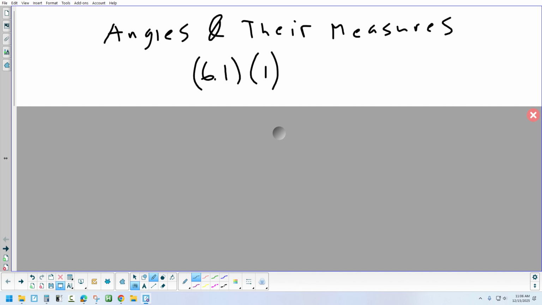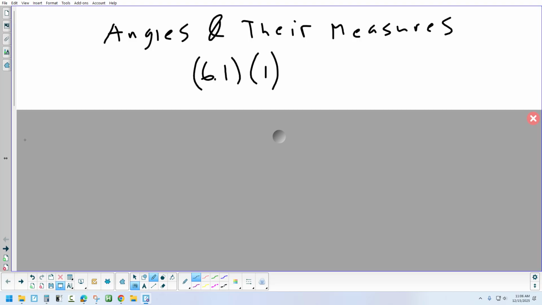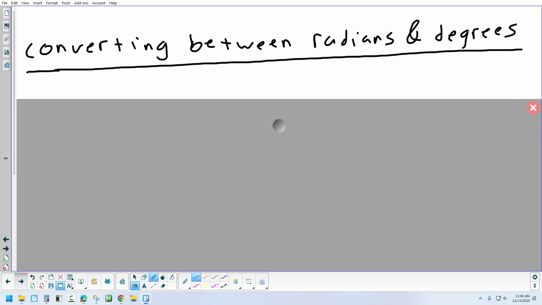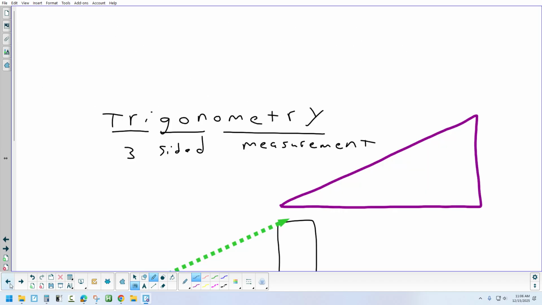So we'll talk about the names of different kinds of angles, like what it means to be obtuse, pairs of angles, like complementary, supplementary. We'll also talk about how you can measure angles. There's a couple ways. One of them is degrees, but there is a second way that we'll talk about. Actually, we're going to get to that today. Yes, that'll be the last thing we do.